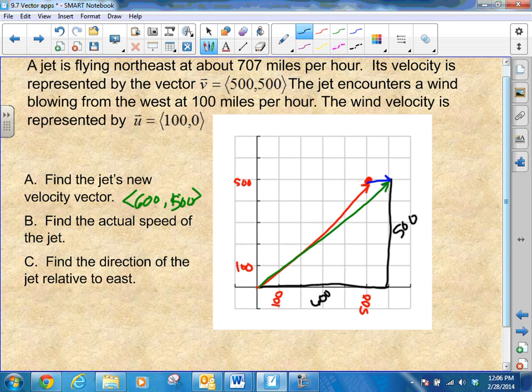Okay? So now I've got to figure out what my speed is. What do I calculate when I figure out what the speed is? The magnitude. So I take 600 squared plus 500 squared, that is equal to c squared, and what do I get for c?